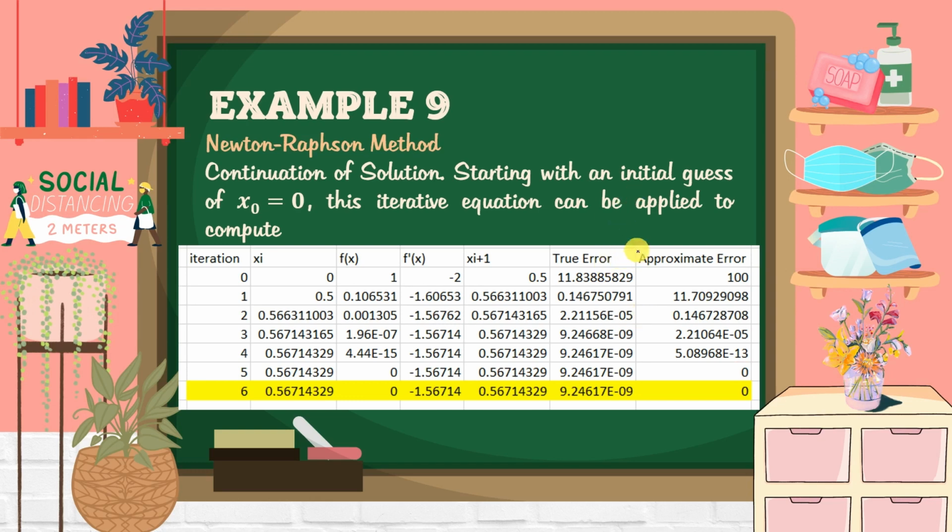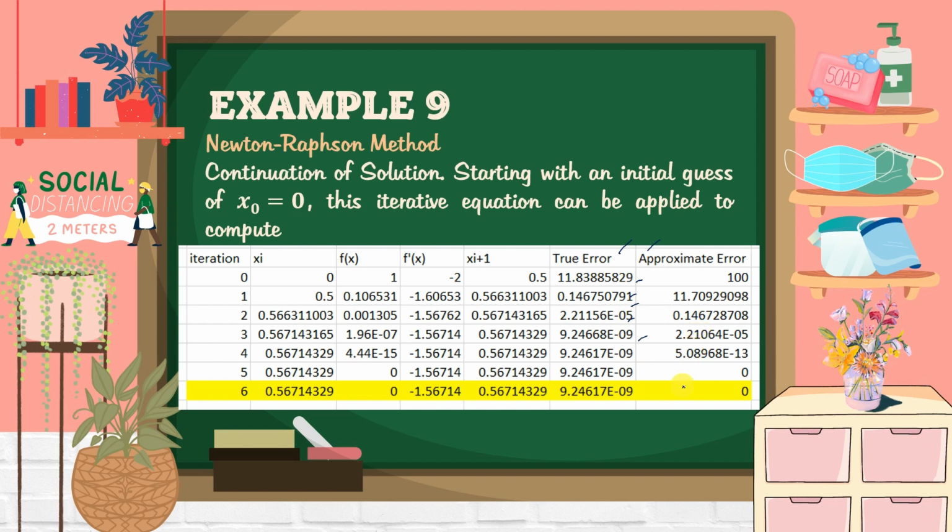In the table representation, the approximate percent relative error comes first, and the true percent relative error comes after. Thus, the approach rapidly converges on the true root. Notice that the true percent relative error at each iteration decreases much faster than it does in simple fixed point iteration.